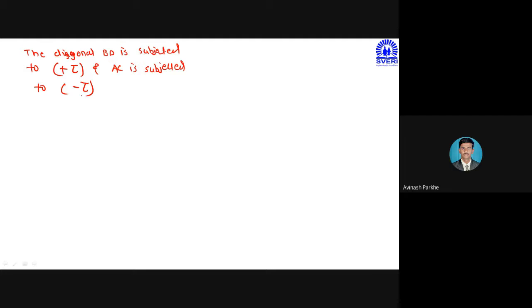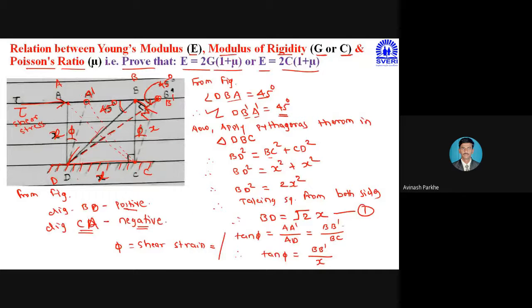You can see in the figure, whatever shear stress is applied from the left side, due to that shear stress the length of diagonal BD goes on increasing, means it is subjected to positive shear, increasing length, it is under tension.